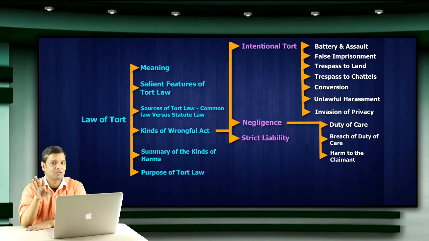We have a separate video on this topic. I believe you must have understood by now the meaning of battery and assault and the difference between them. Next one is false imprisonment.